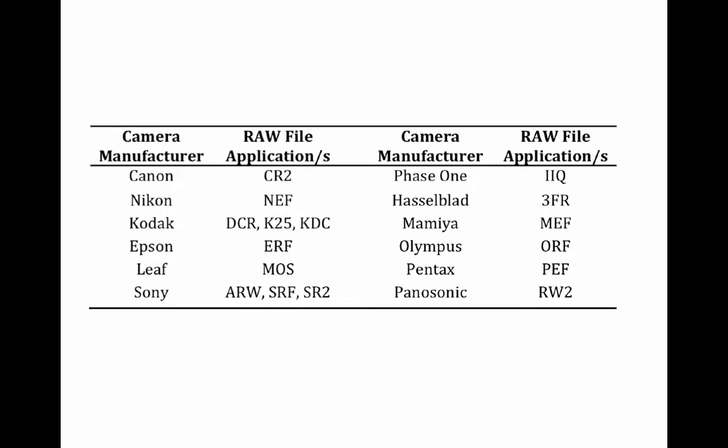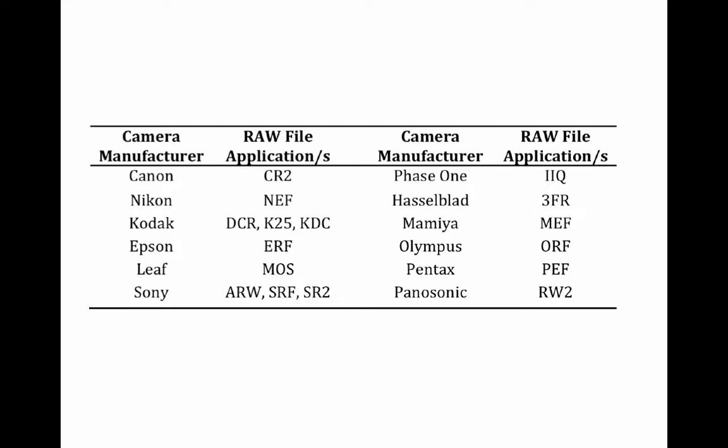Okay, so what we have on the screen at the moment is all the different camera manufacturers and their RAW file extensions. You can see Canon has the CR2, Nikon NEF, Kodak have changed their RAW file extension, those 3 letters or numbers after the last dot, so DCR, K25 or KDC. Epson, usually associated with printers, but they do have some cameras, ERF. Leaf cameras, MOS. Sony, ARW or SRF or SR2.